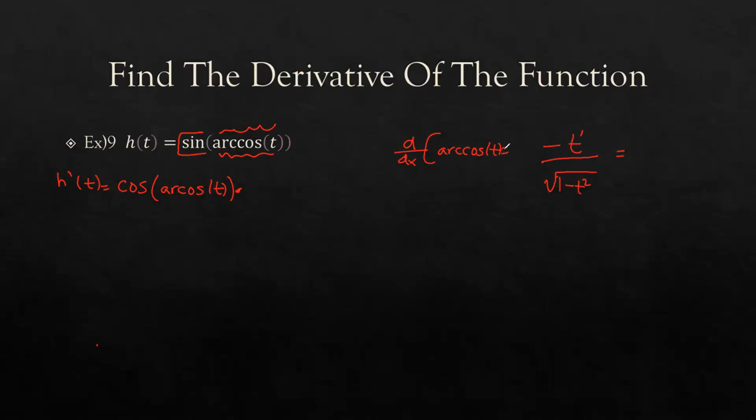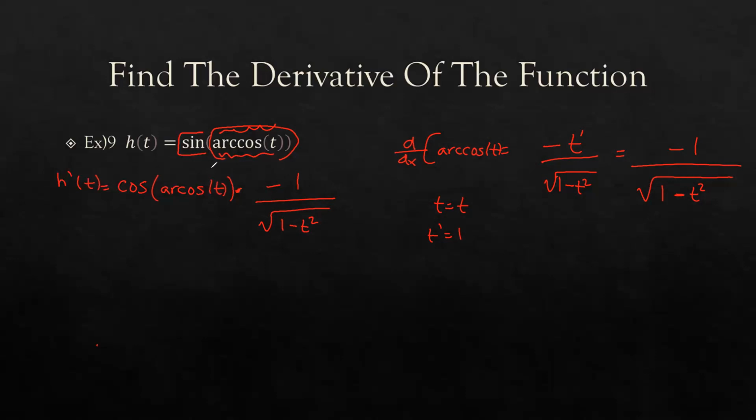So what is our t? Our t is t, so t prime is 1. And then you have a minus, so it's minus 1 over square root of 1 minus t squared. So the derivative of the inside parentheses is negative 1 over square root of 1 minus t squared.